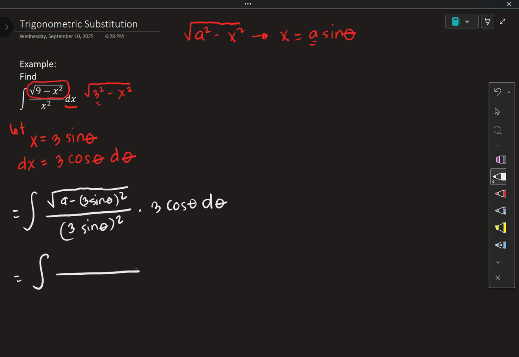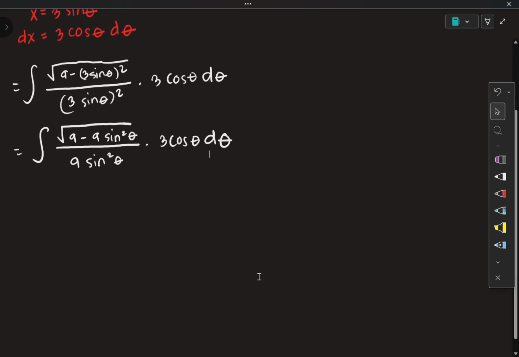After substituting, we will do the simplification part. We have 9 minus 3 sine theta squared, that is equal to 9 minus 9 sine squared theta. Below, we have 9 sine squared theta multiplied by 3 cosine theta d theta.